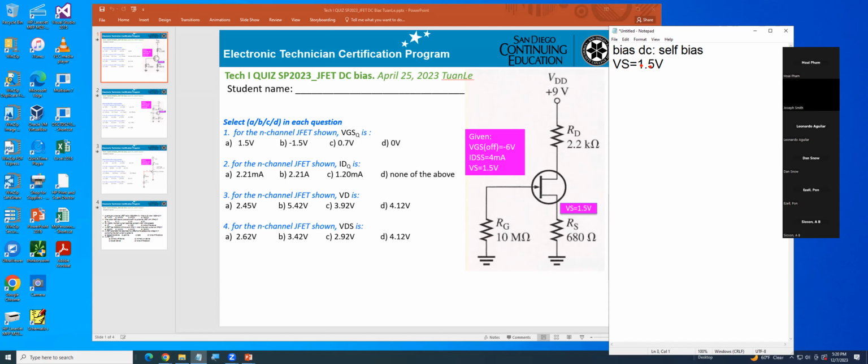That will help you calculate the IS, also the same ID all the time. And VS equals the 1.5.